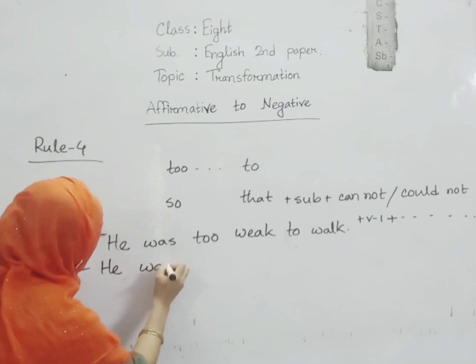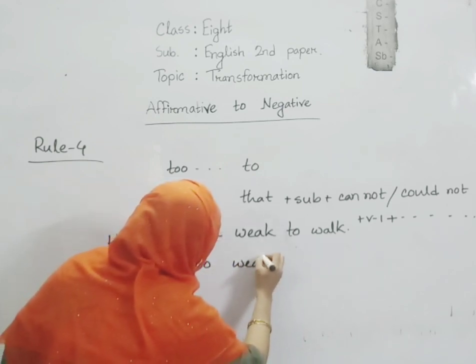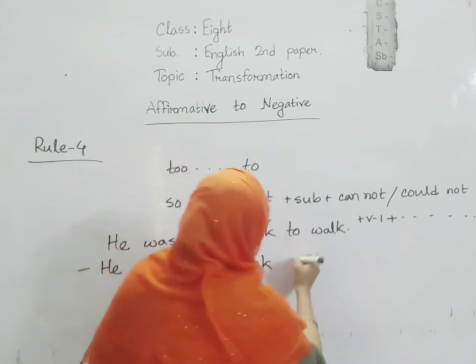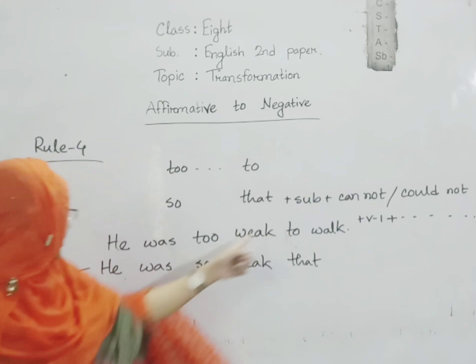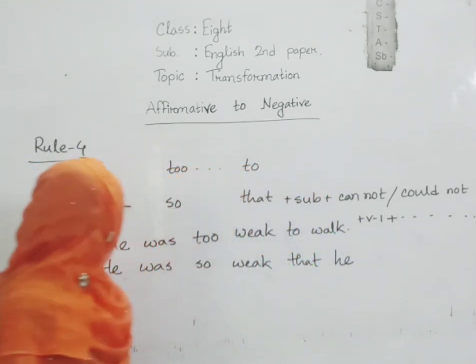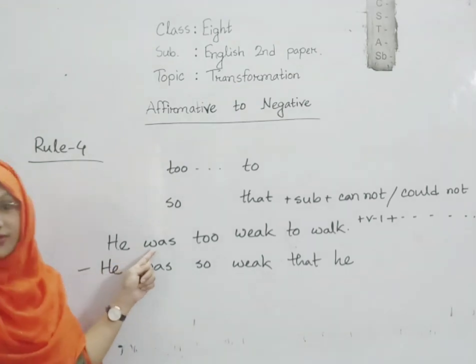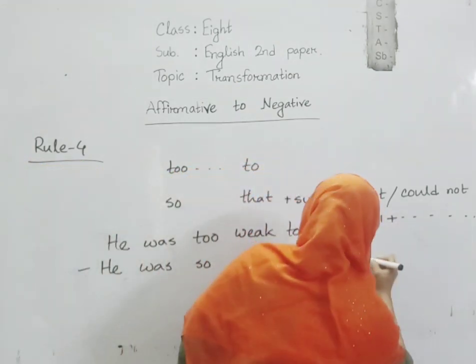He was so weak that subject is he, and we can see here verb is was. So we have to write down could not.